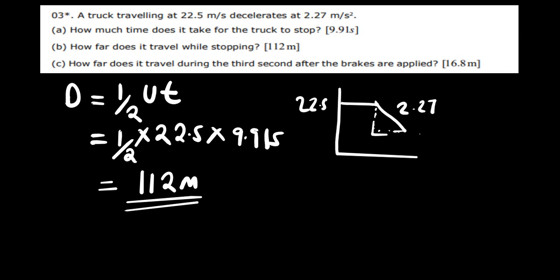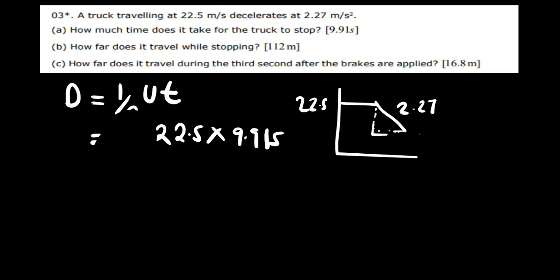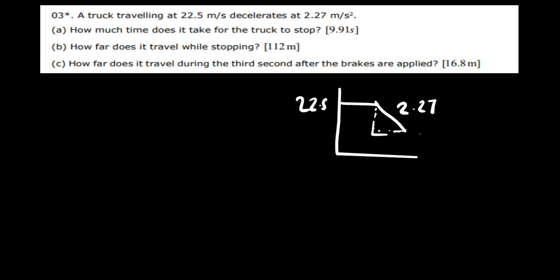Then question C is, how far does it travel during the 3rd second after the brakes are applied? So for us to do that, we have to first find how far it will travel in the second second. Then that's when we find how far it travels in the 3rd second.